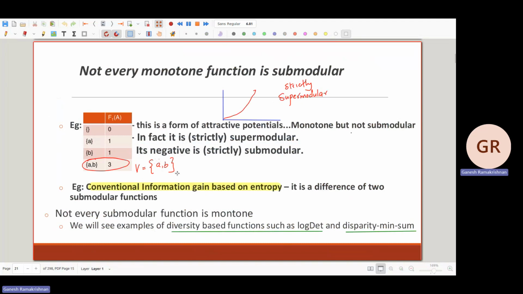It's easy to verify. Let V be the ground set, A comma B. F of A union B minus F of A should be greater than or equal to F of B union B minus F of B, which in this case can be again B.